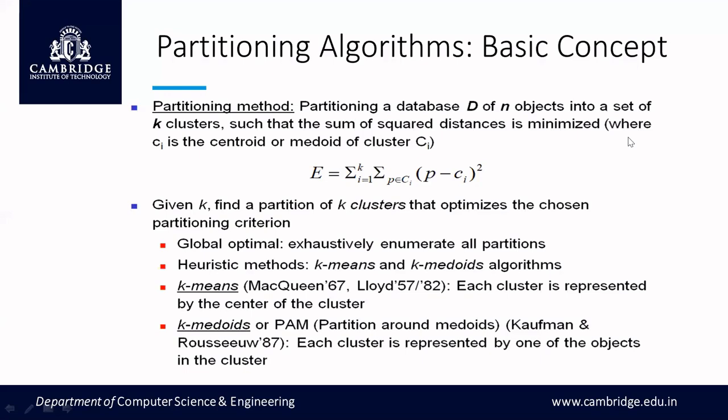The second step is randomly choosing k data points from the available data points and making them centroids.